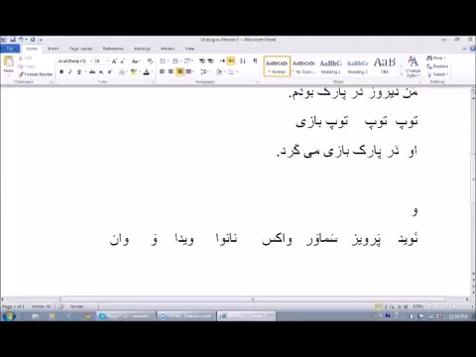Then da, va, dava. Dava is the same as daru. You see how many syllables there are? Two: da up to here, and then va. Dava means medicine. Daru is also medicine, so this is the spoken form of daru.